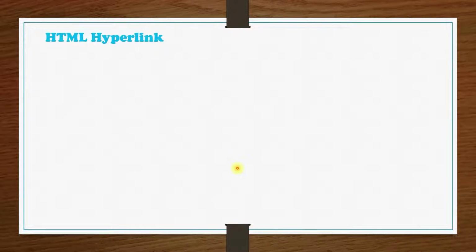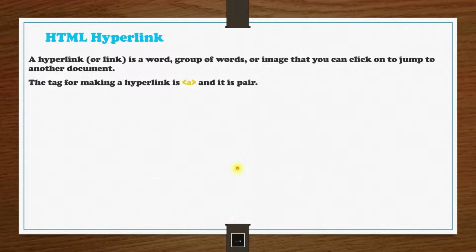Okay, HTML hyperlink. Let's understand about HTML hyperlink, which is one important part of today's lesson. A hyperlink or a link is a word or a group of words or an image that you can click on to jump to another document.